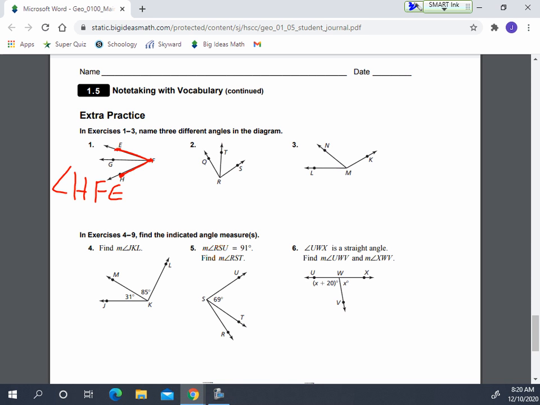But I need two more. How about HFG? Here's another angle. Angle HFG. Sorry, I'm forgetting the angle symbol. My last one is going to be EFG.